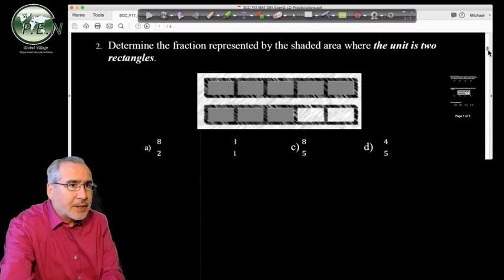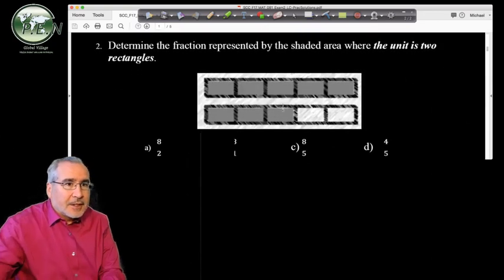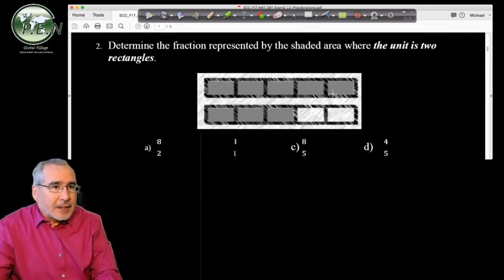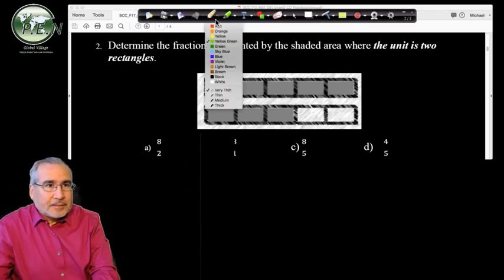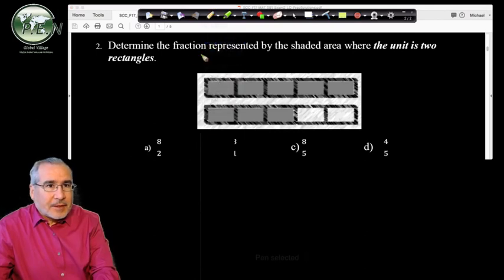Okay, here's the second question. Now those of you, I passed out this in class, the shading wasn't really shaded, so hopefully this looks better for you. So in this case, we want to determine the fraction that represents the shaded area where the unit is 2 rectangles.